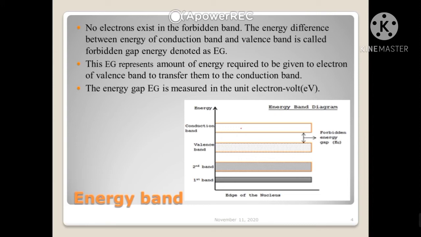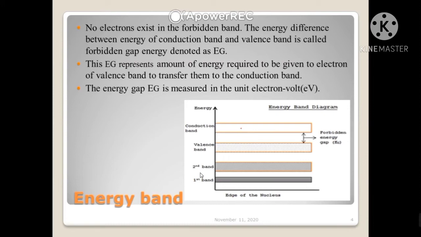Here there is a diagram which shows the energy band diagram, with the forbidden energy gap, valence band and conduction band. I have said the first band is the closest to the nucleus. The second band is in the middle of the shells, whereas the valence band is the last one, so it has the highest energy.